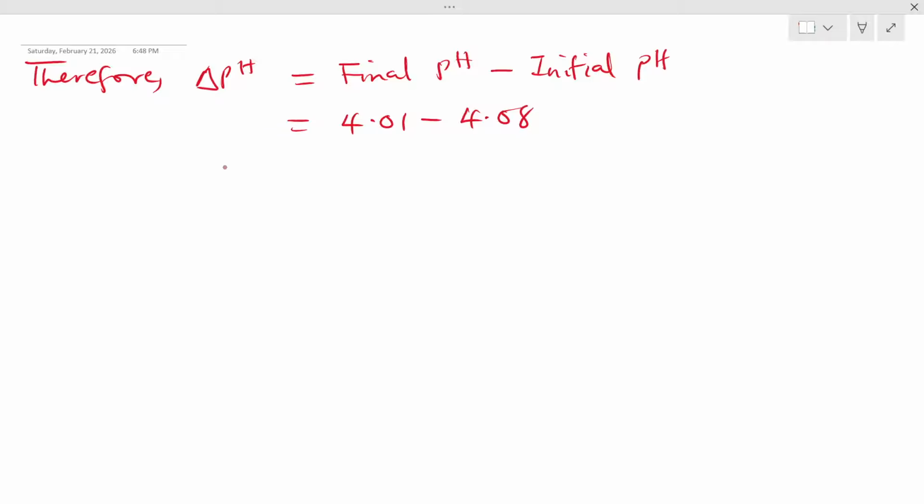Therefore, as such, change in pH is equal to what? Minus 0.07. And that is the answer to the question.